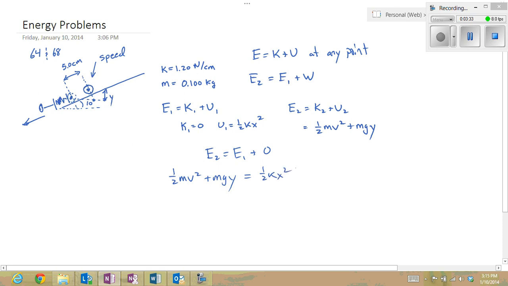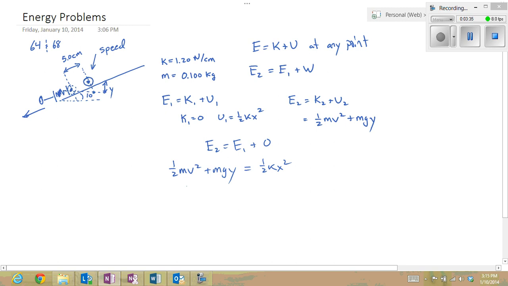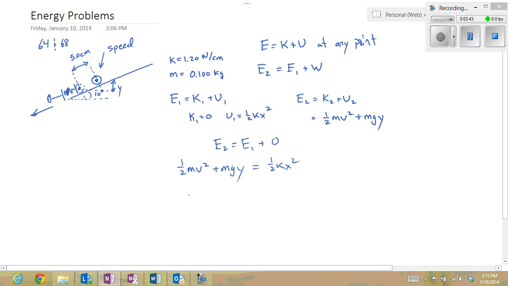The problem here is we need to solve then for v, the velocity of the ball as it is released. So I can go ahead and do some algebra now. So I'll say that 1 half mv squared is equal to 1 half kx squared minus mgy, which kind of makes sense. Here's the amount of energy I started with.